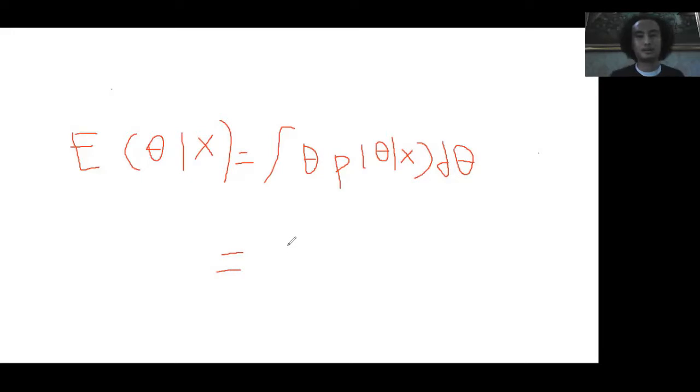So here this expression is basically g(x), the function g(x).